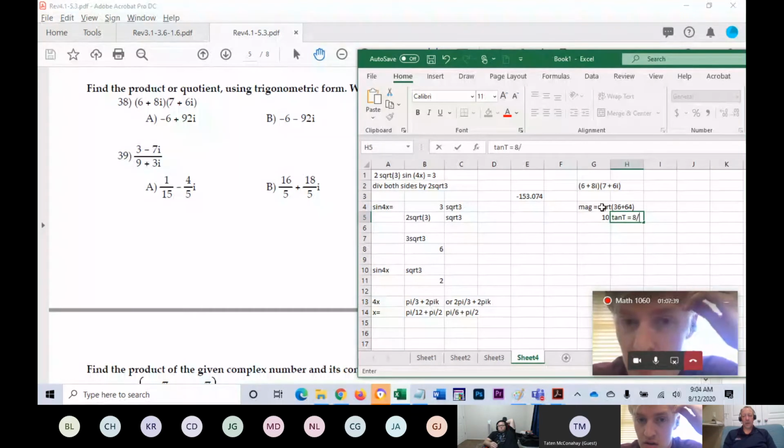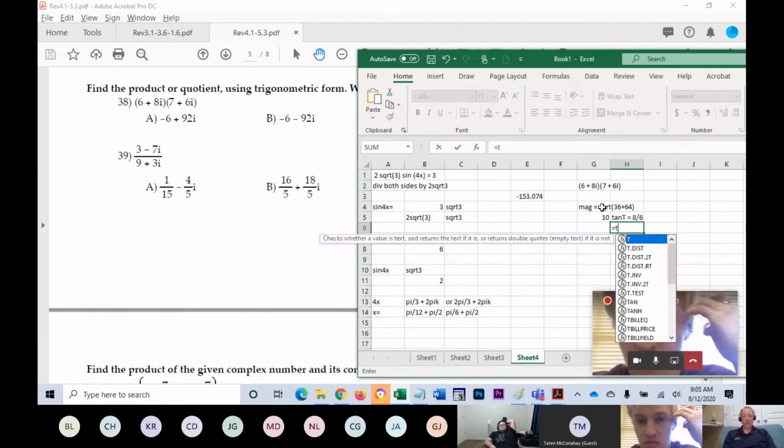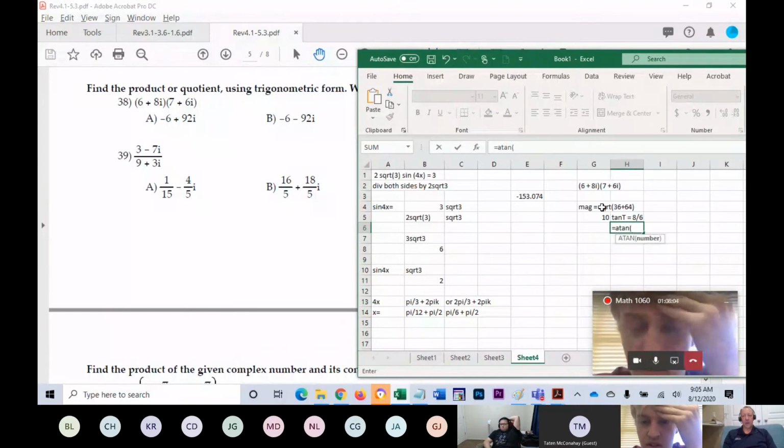So 8 over 6, which is 4/3. And then you just inverse tangent that to get the degree. It's not one we know though. Inverse tangent of 4/3, that's right.